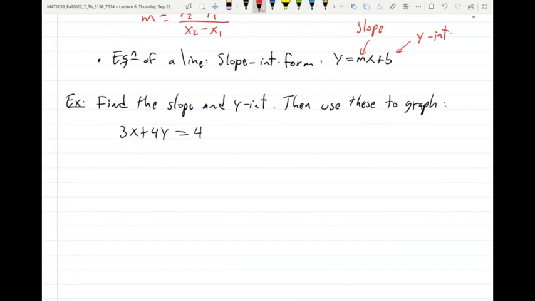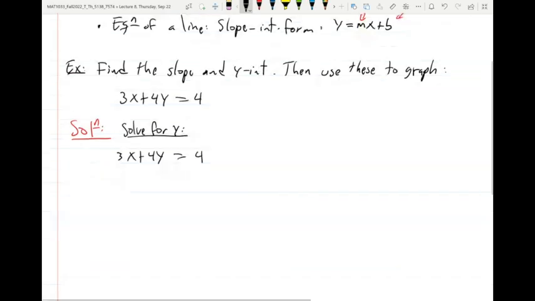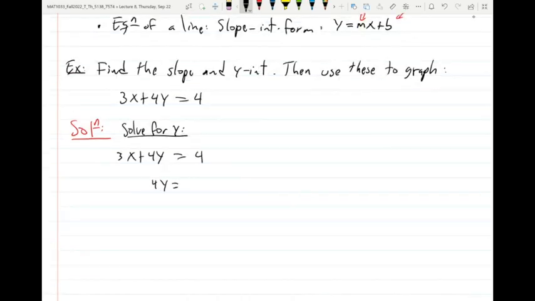Okay, so solution. I'm just gonna solve for y. So you have 3x + 4y = 4. We move the 3x over. So we're going to get 4y = -3x + 4.